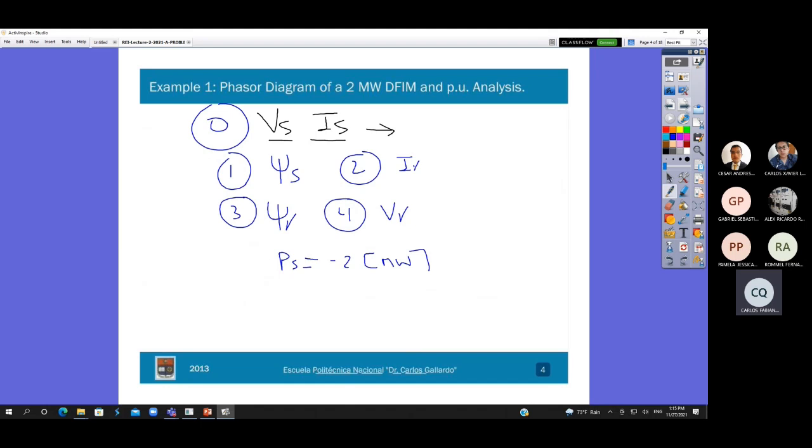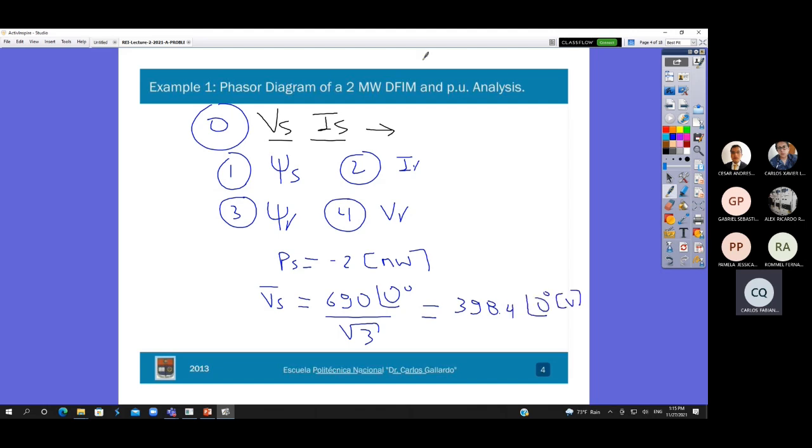So with the rated stator voltage, I divide by the square root of 3 because I need the line to neutral voltage. So this is equal to 398.4 with 0 degrees, because it's the reference.